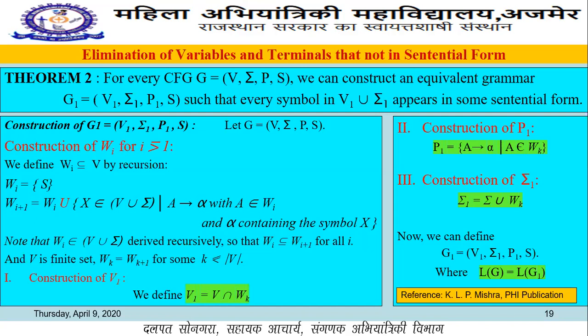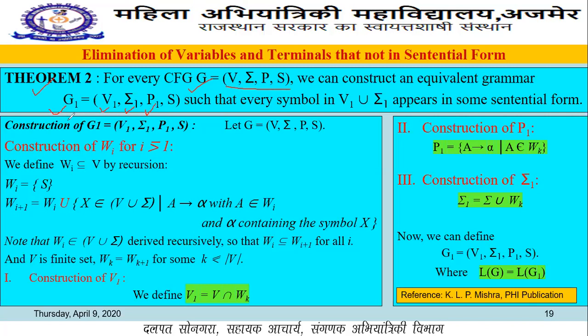For this, we consider a second theorem, where G is given with these 4 tuples, and we have to construct a simplified grammar G1, where V1 is a simplified set of variables, sigma 1 is a simplified set of terminals, and P1 is a simplified set of productions.